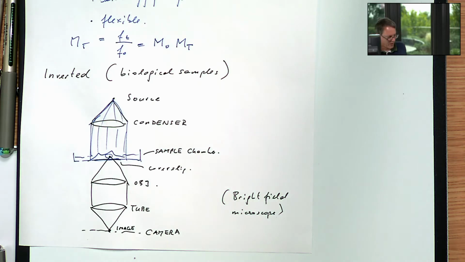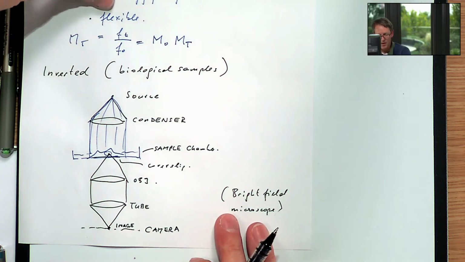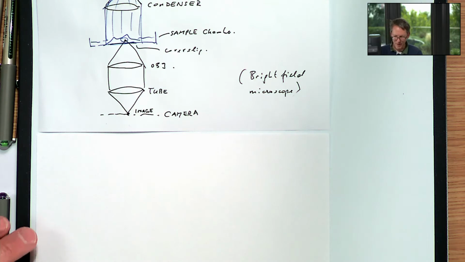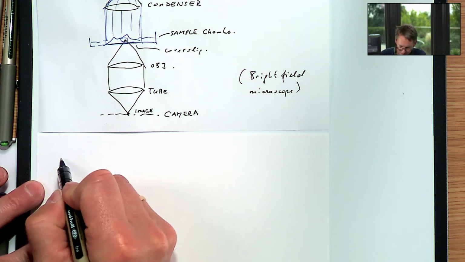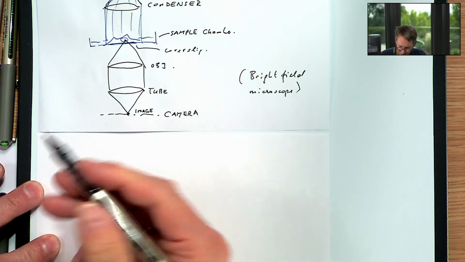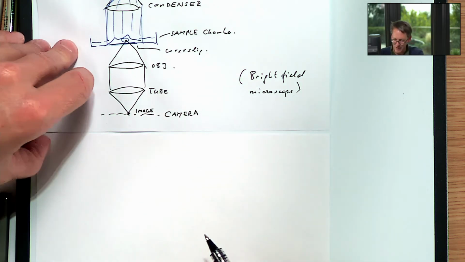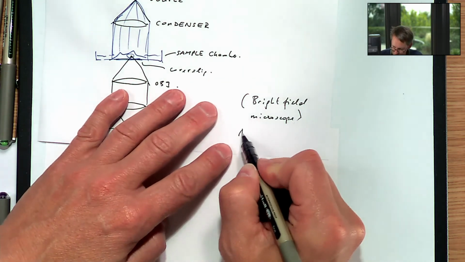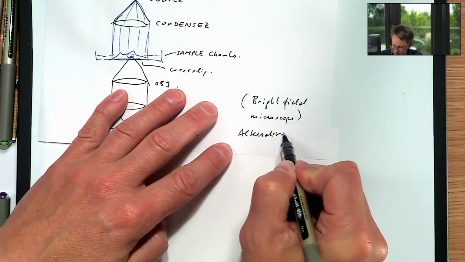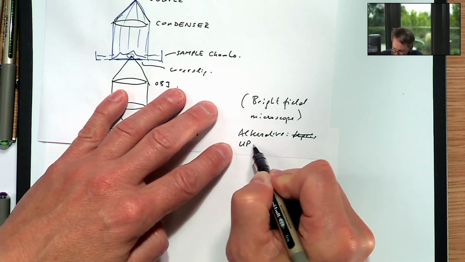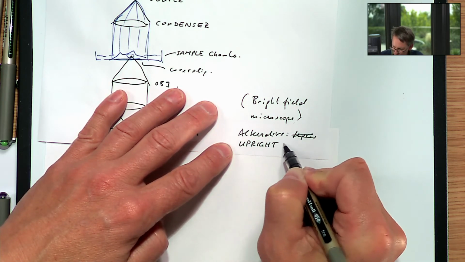right? But then I can also build a so-called fluorescence microscope. Let me just try and find a piece of paper. So the other important microscope is, and it usually is an inverted microscope, often is, doesn't have to be, it can also be an upright microscope. So the alternative is the upright microscope.